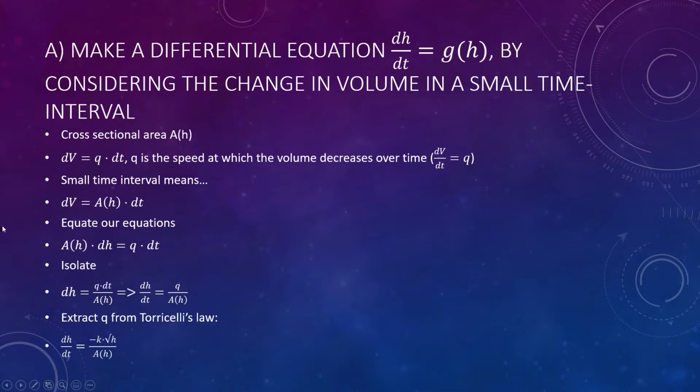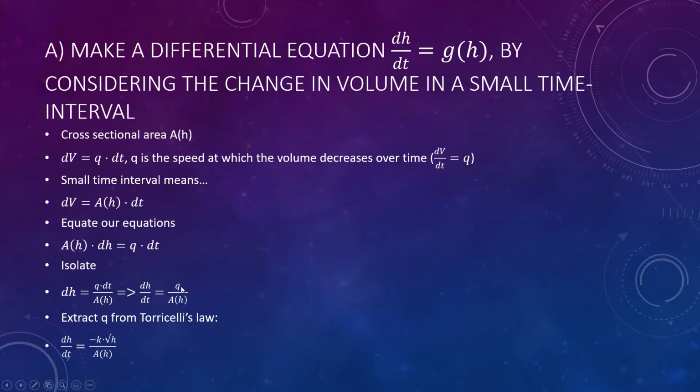So what we can do now is equate our equations so that we get this expression. What we do then is isolate what we are interested in, so dH over dt, and we would end up with this expression.